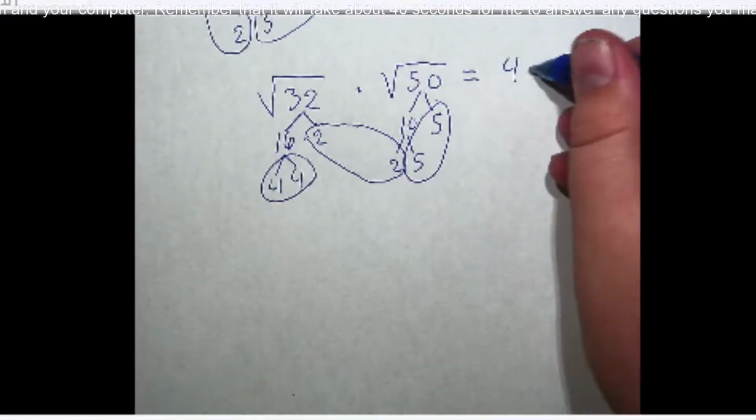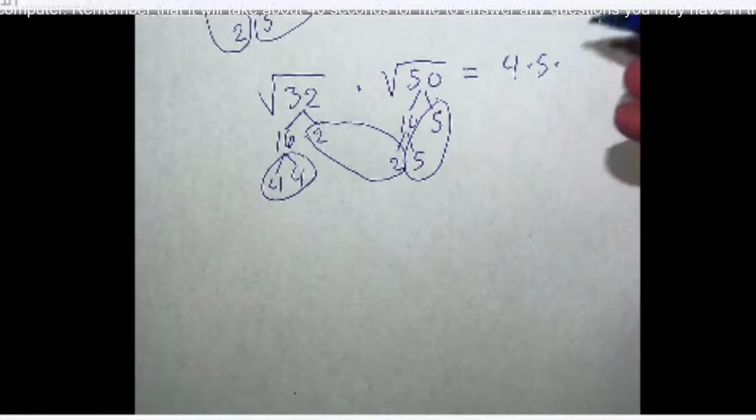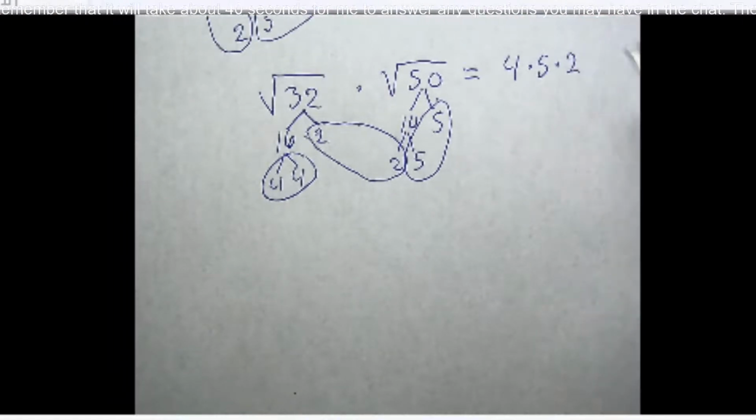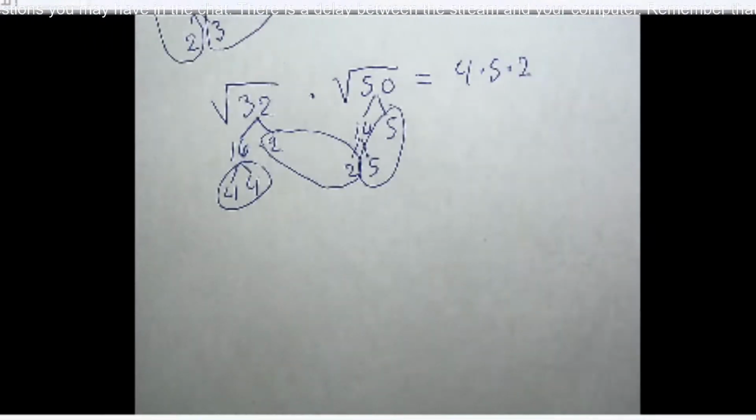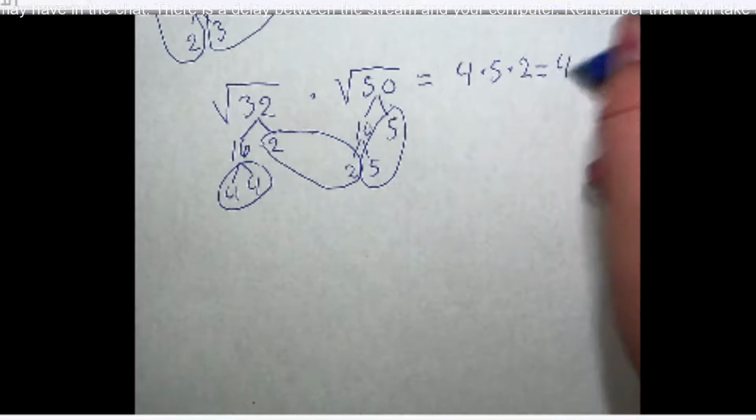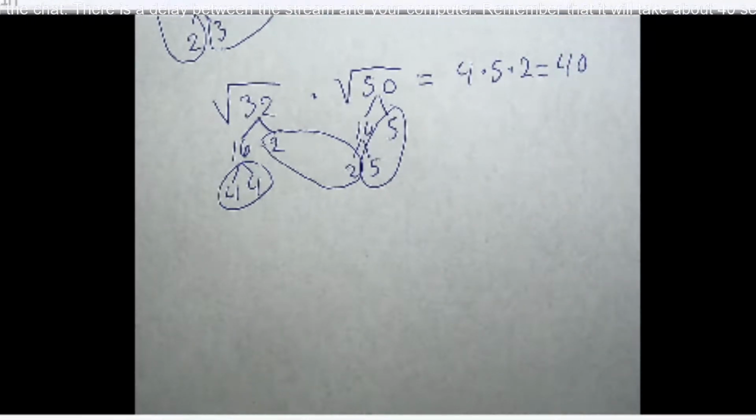So I can take a 5 out, and then I can take a 2 out. Do I have anything left over? Nope. So 4 times 5 is 20. 20 times 2 is 40. So once again, apparently we had a perfect root.